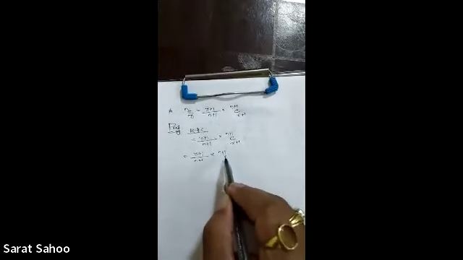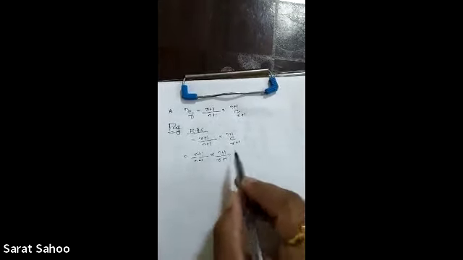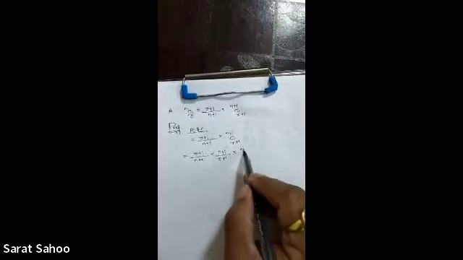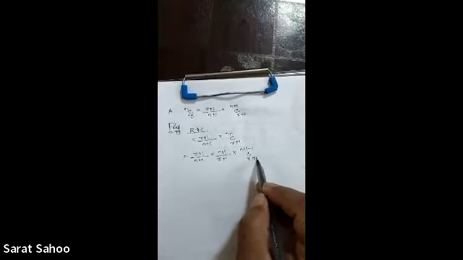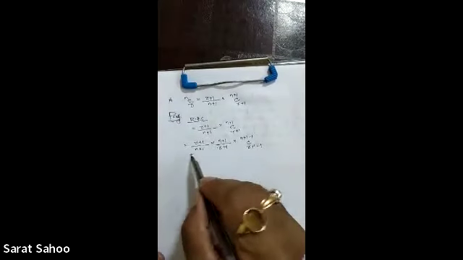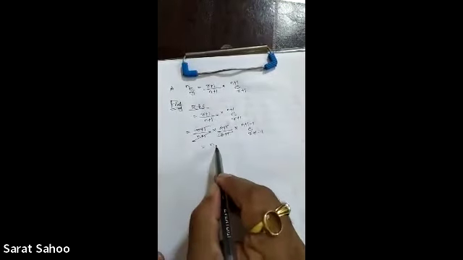This is equal to (n plus 1) upon (r plus 1) into (n plus 1 minus 1)C(r plus 1 minus 1). So n plus 1 cancels, r plus 1 cancels, which is equal to nCr.